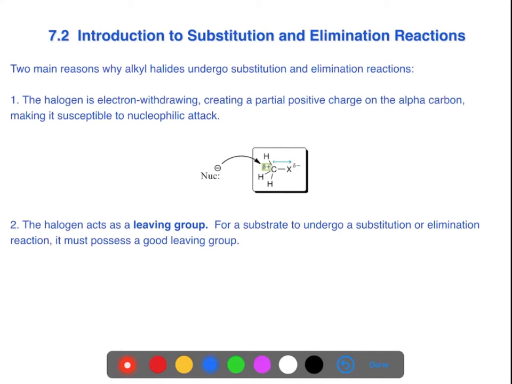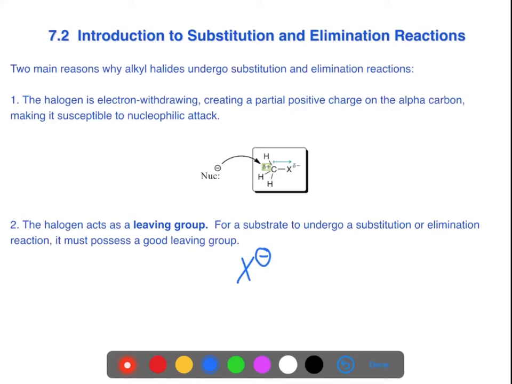The second reason why alkyl halides undergo these types of reactions is that the halogen can act as a good leaving group via the halide. We've seen in the previous example the chloride or bromide, but this X minus represents the leaving group for the alkyl halide.